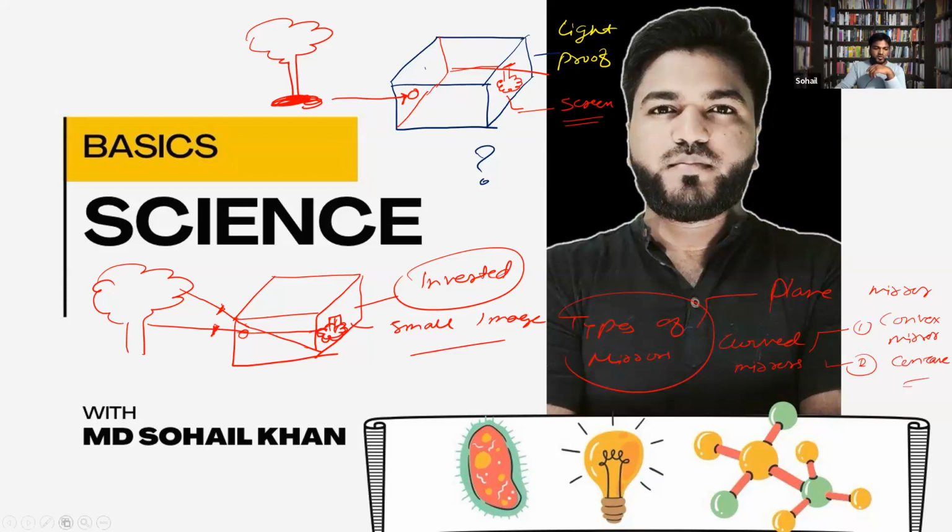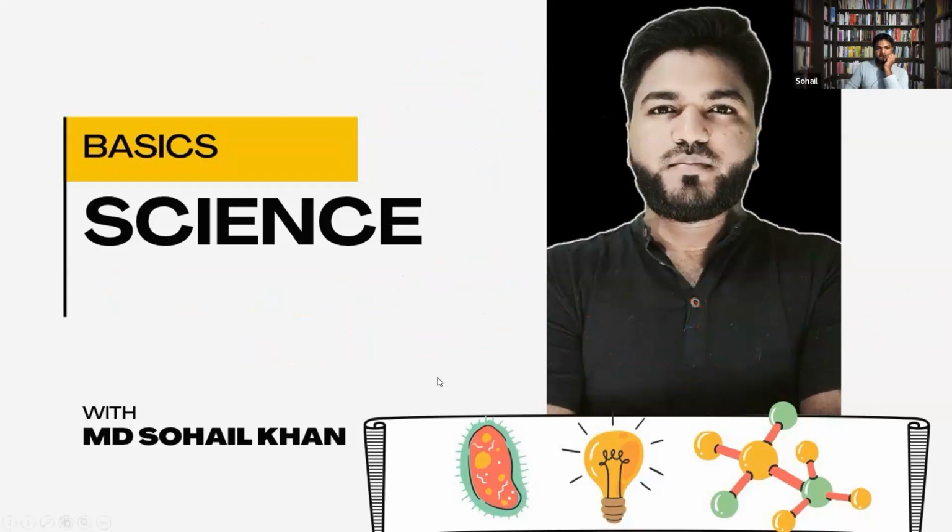Okay, if I were to draw the diagram of the curved mirrors, will you be able to distinguish between them? Do tell me, out of the two, which one is convex and which one is concave mirror?